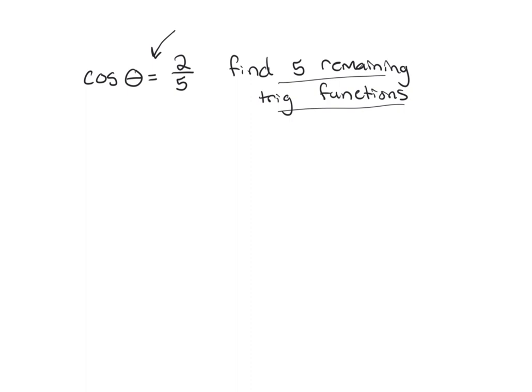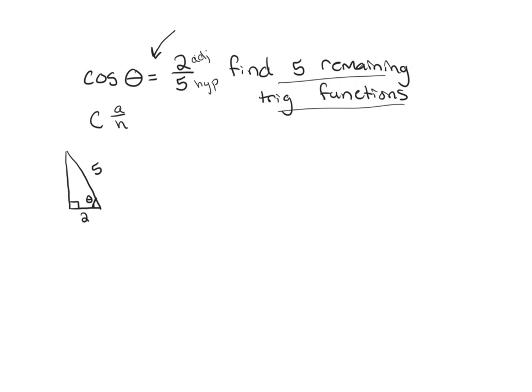So I'm going to start by, let's just sketch a little right triangle, and cosine, I'm going to make this theta. So cosine is adjacent over hypotenuse. So that means this 2 is adjacent and the 5 would be hypotenuse on a triangle. So here's hypotenuse and here would be adjacent.